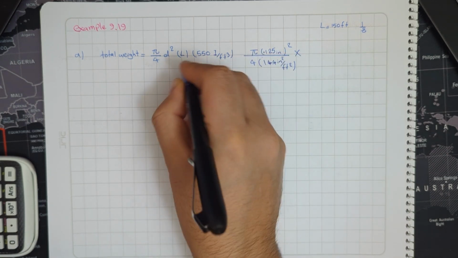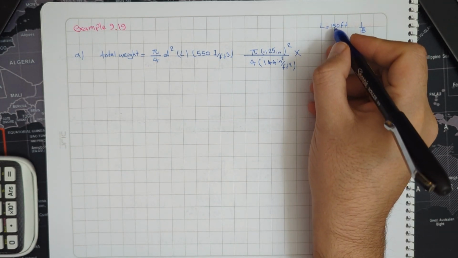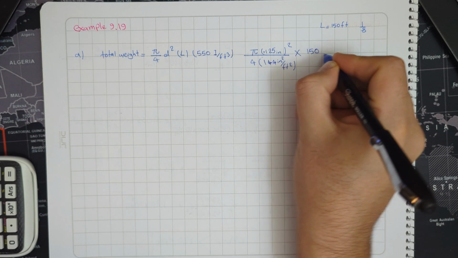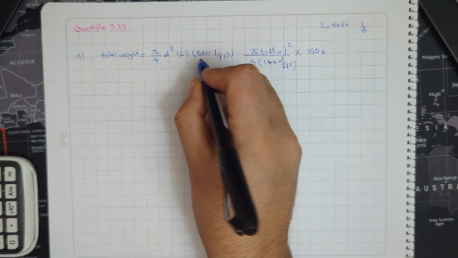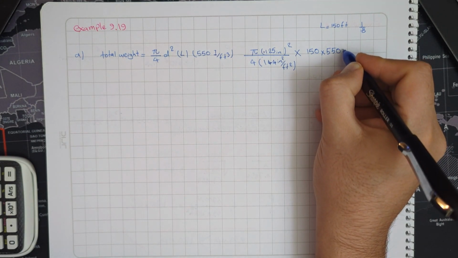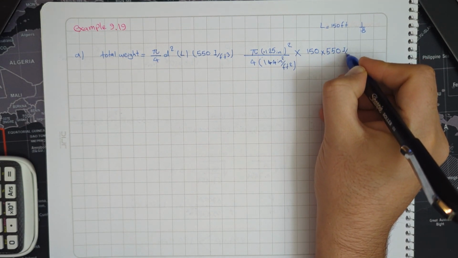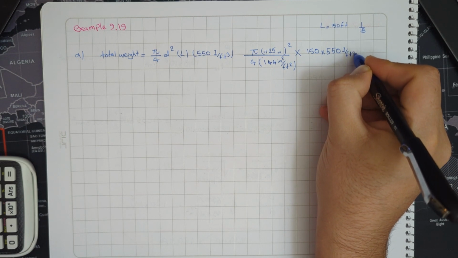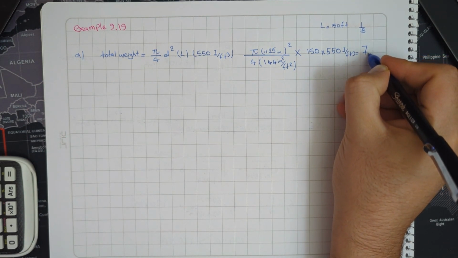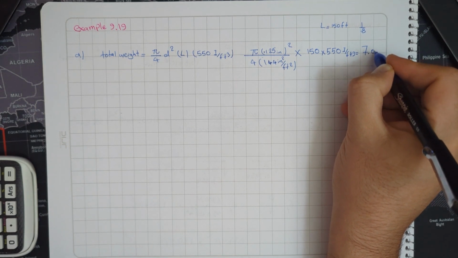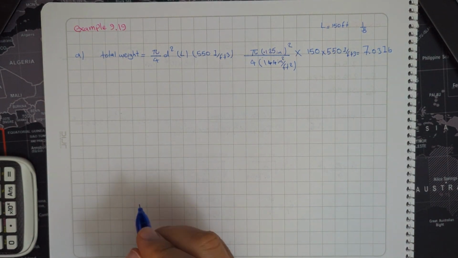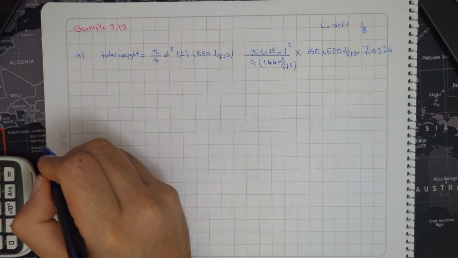Okay, multiply by 150, which was length, into 550, the answer is 7.03 pound.